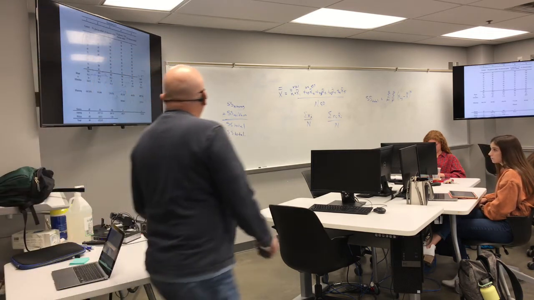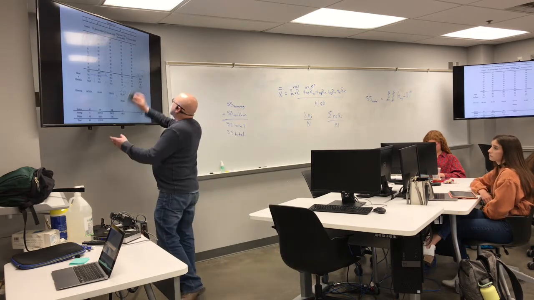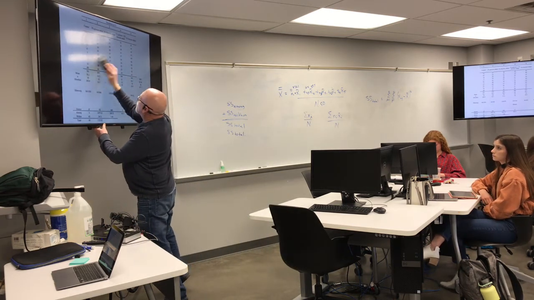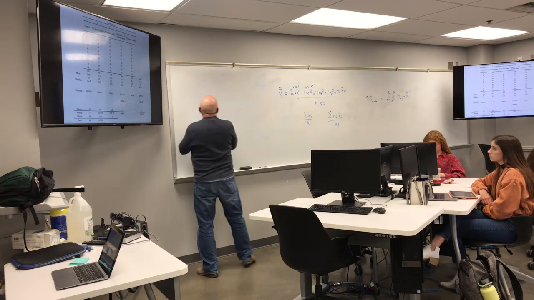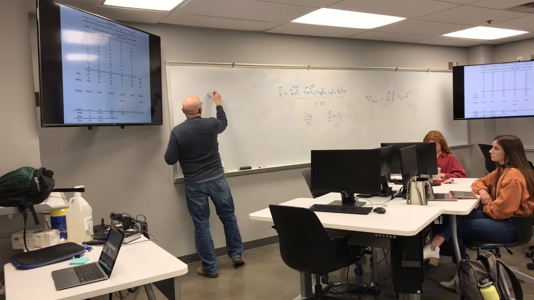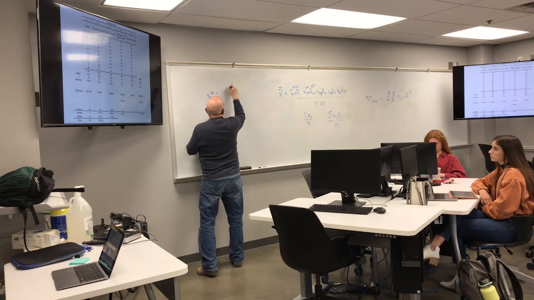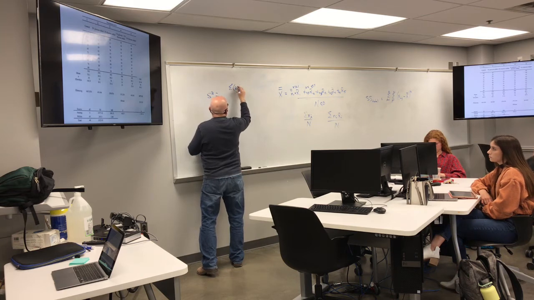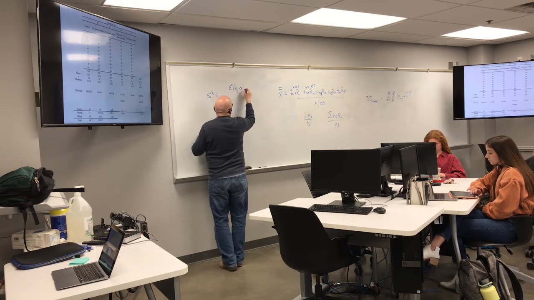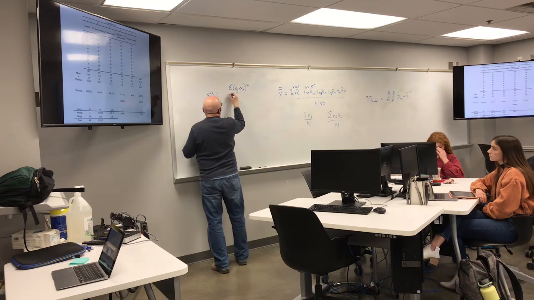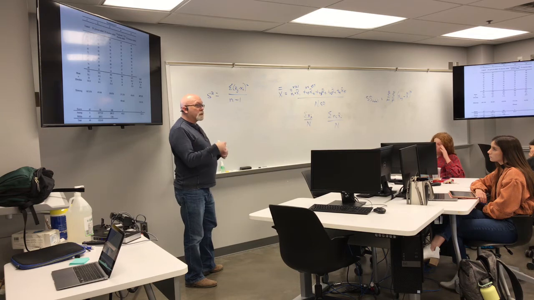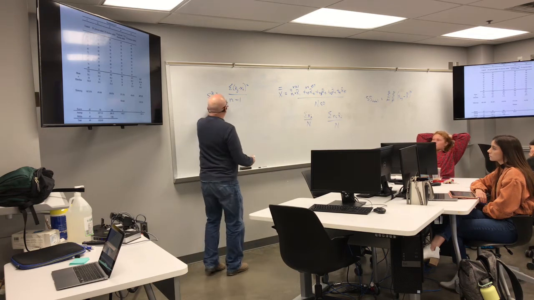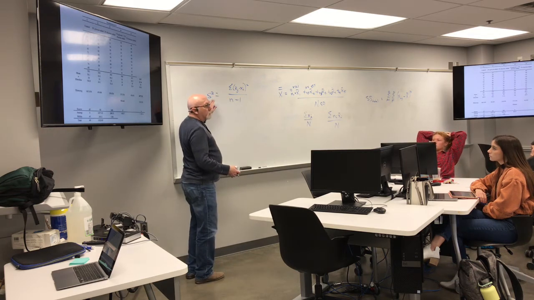So what you do once you have the sums of squares, remember that sample variance is simply the sum of the squared deviations from the mean, squared, divided by the degrees of freedom. In this case, the degrees of freedom is the sample size minus 1. So this is the sample variance for a single sample.